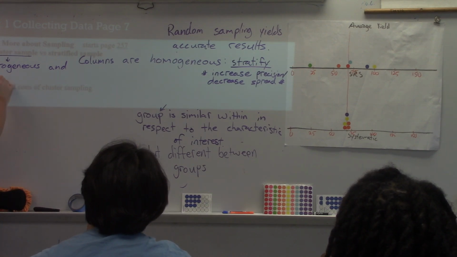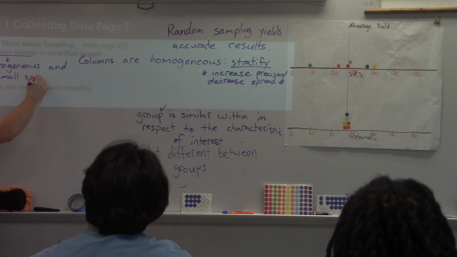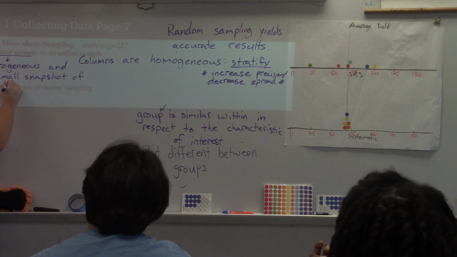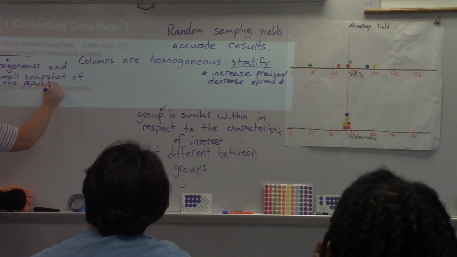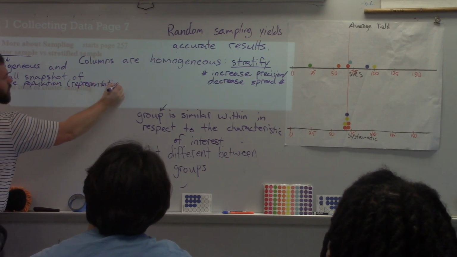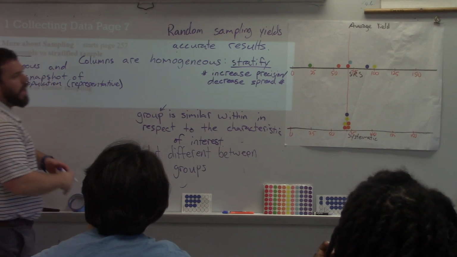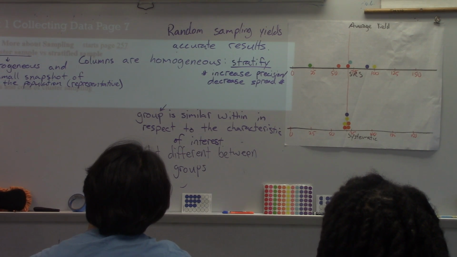Representative, and a small snapshot of the population. So I'm going to put that word representative as well. What I mean by that is, if we had clusters, but each cluster didn't look like the population, that wouldn't be helpful, right?